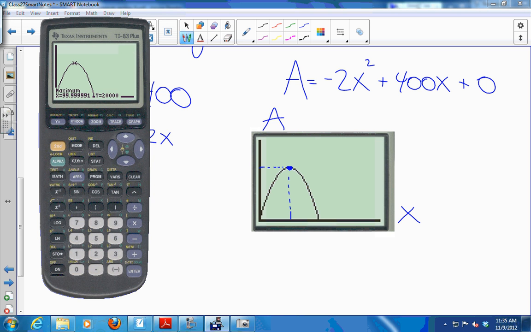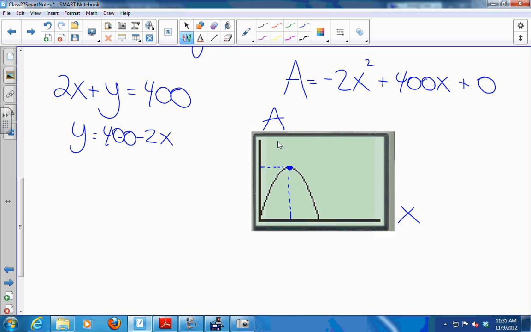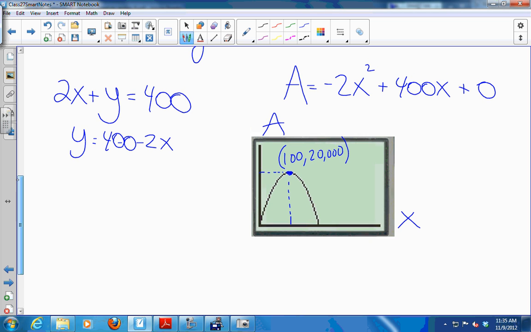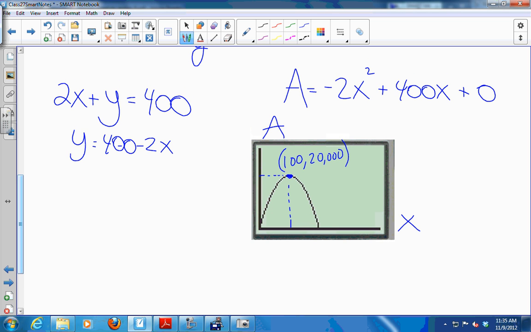And it turns out that that point is at 100, 20,000. But let's pretend you forgot your calculator this day, right? How could I find out the coordinates of that point without using the maximum command of my calculator?